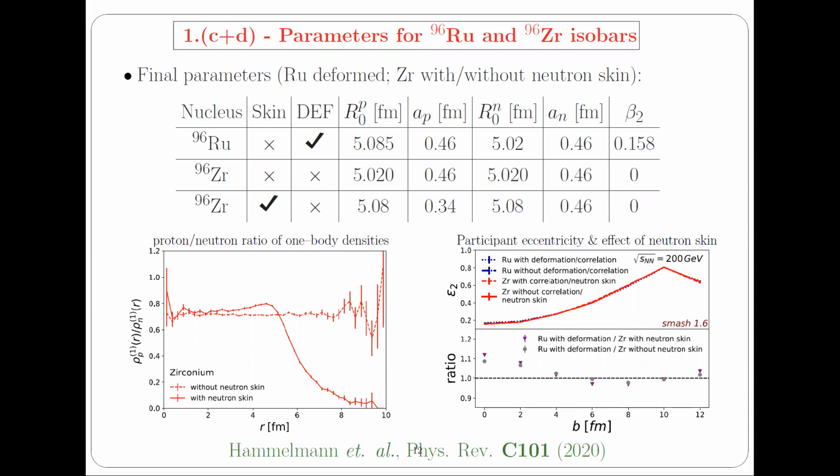Okay, I have a comment here. For zirconium-96, when you introduce neutron skin, what you introduce is by actually narrowing the proton distribution, right? Since the charge radius is being measured, if you look at the DFT calculation, what you should do is increase the neutron radius.